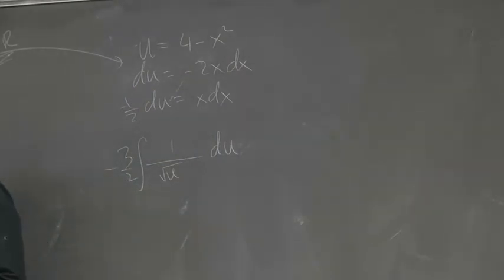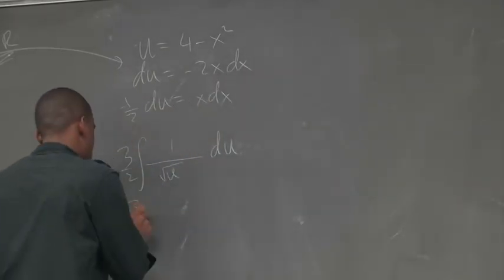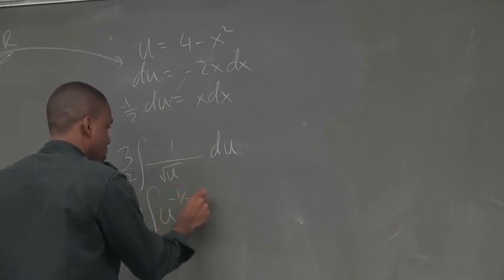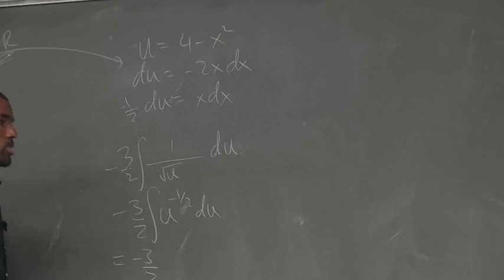Actually doing a u squared substitution to get rid of radicals altogether makes your life a lot easier, but if you don't mind working hard, you could also do this. So it's minus 3 over 2. This you think of as u to the minus 1/2. And so how do you integrate that?